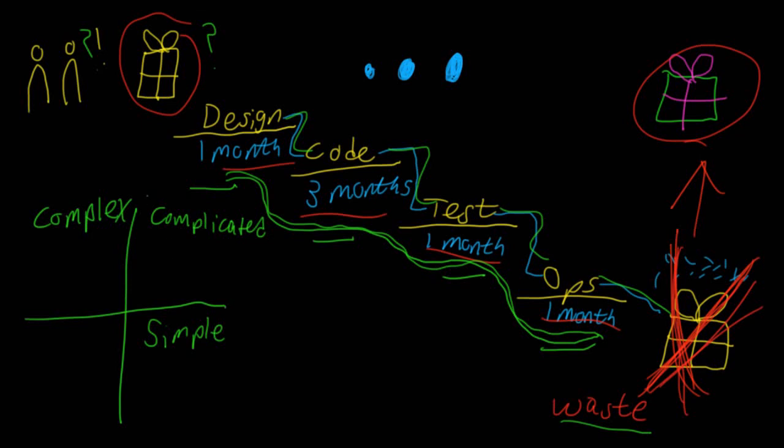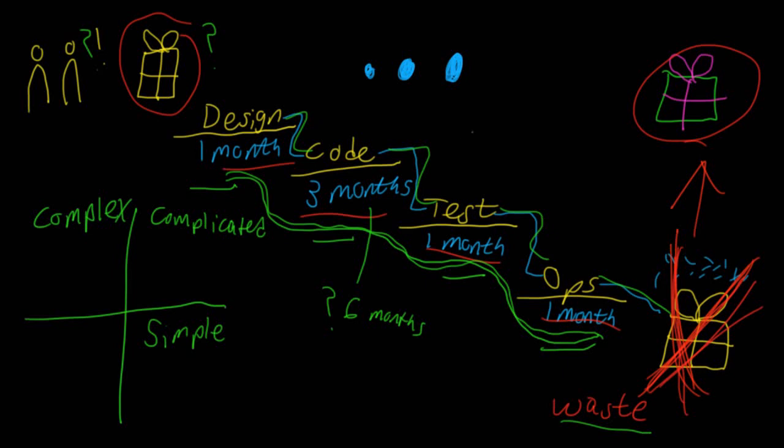But the problem with this is that it doesn't work with making products. It doesn't work because we don't know how long things are going to take. Is it going to take 3 months, or is it going to take 6 months? We don't know because we haven't gotten our feet wet in it, and because knowledge work is complex, we don't always know how long it's going to take to make it or design it.